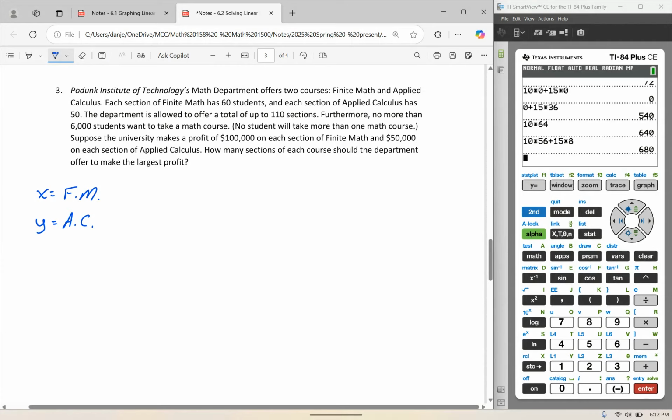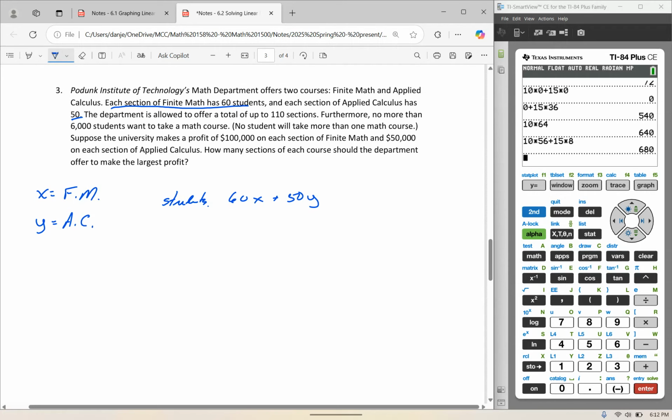Each section of applied calculus has 50 students. So I'm going to talk about the number of students. Each section of finite math, which is X, has 60 students. Each section of applied calculus has 50.